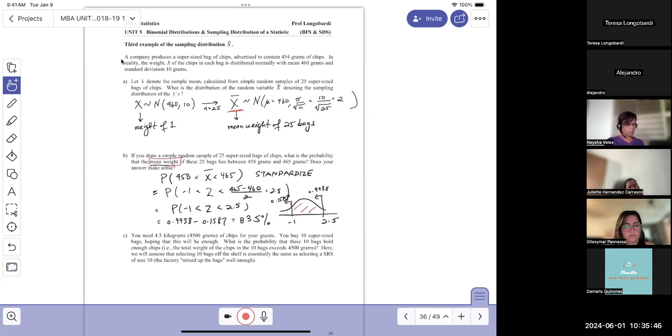Right now we're talking about a sample size of 10, so we have to repeat what we did in part A, but for n of 10.